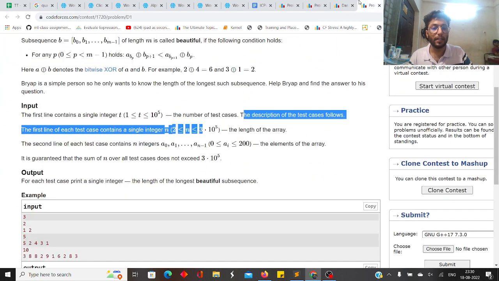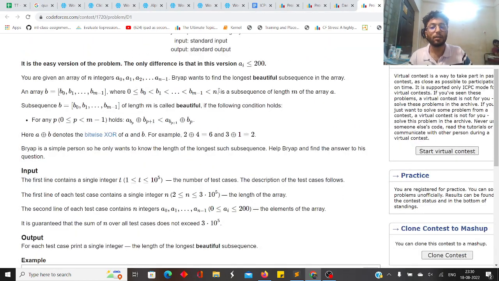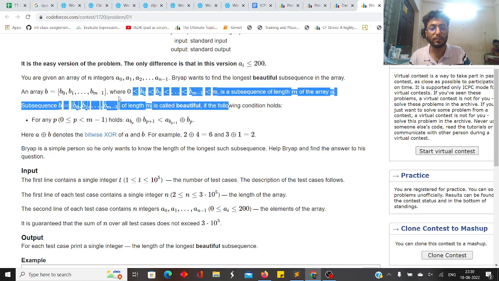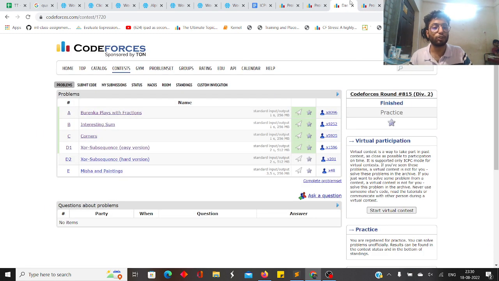So what I do is I run a brute force solution. I take all the possible subsequences such that the maximum possible difference between B0 and B1, B1 and B2, and similarly B(M minus 2) and B(M minus 1), is at max 256.